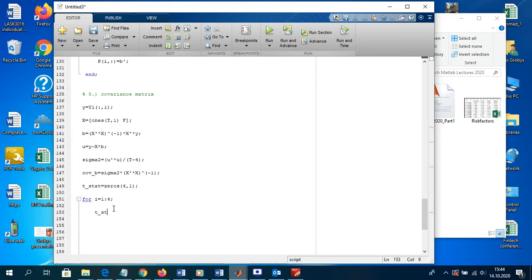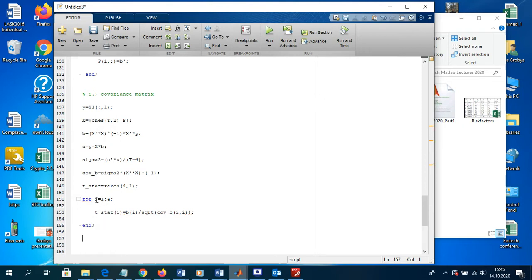We store in t underscore stat at the position I the corresponding bi in our parameter vector divided by the square root of the element ii in our covariance matrix. And then we end the for loop.